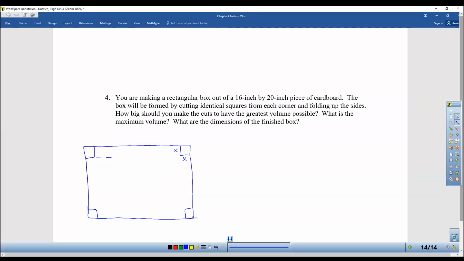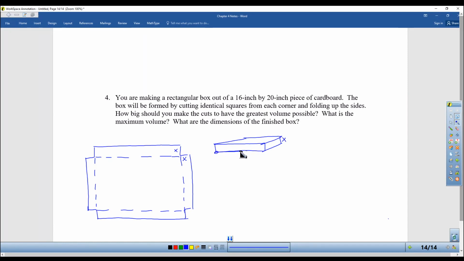Once you do that, you're going to fold up those corners along these dotted lines here, and it's going to make a really shallow box, like you would use for a tray or, let's do something important, like a box of chocolates. And its height is going to be x.